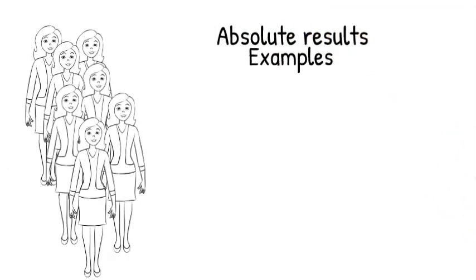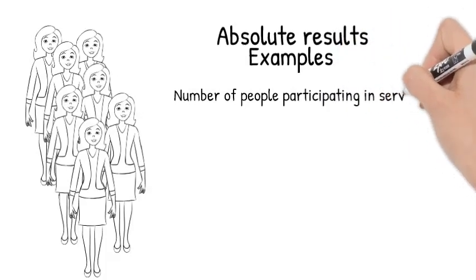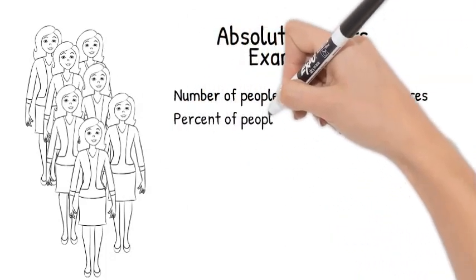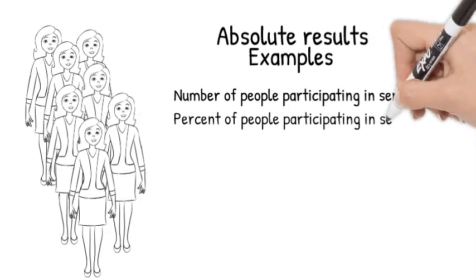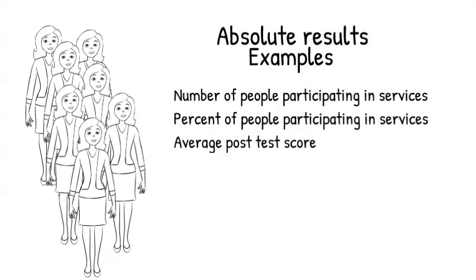Some examples of absolute results are things like the number of people participating in programs or services, the percent of people participating in programs or services, or data like post-test scores for people who participated. Notice that all of these are just data, and there's no real information on whether the outcomes are good or bad.